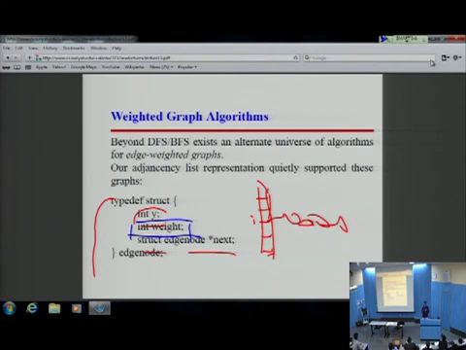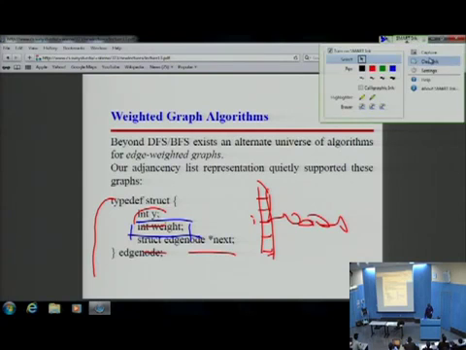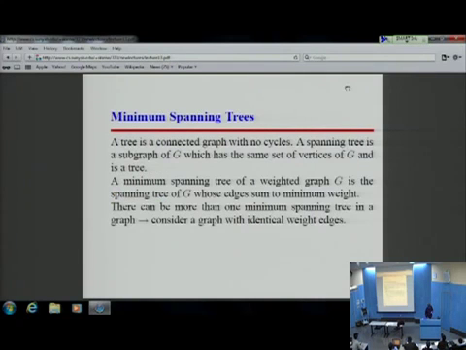Okay? Any questions? But in general, weighted graphs are useful things. So the mother of all weighted graph problems is something called minimum spanning tree. I'll explain why I want to talk about it.